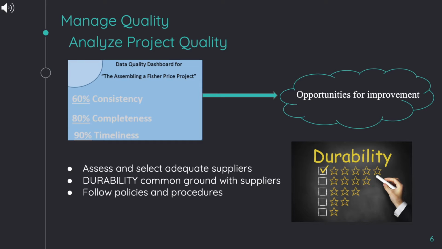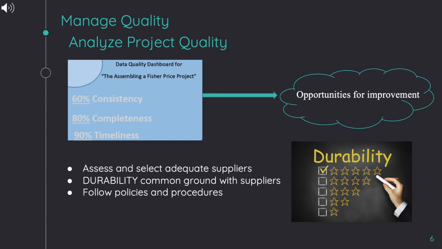Manage quality. Analyze project quality data. The first step to find opportunities for improvement is to create a data quality dashboard. By doing this assessment and dashboard of the results, we discovered that there's a 60% scale in consistency, 80% in completeness, and 90% in timeliness of the data that we gathered.